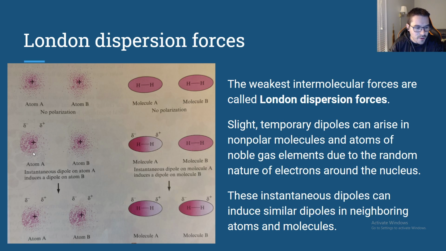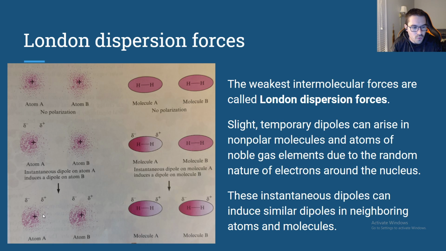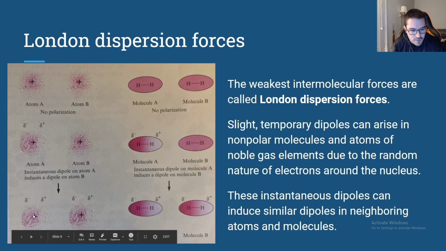What can then happen, and what does happen, is the instantaneous dipole can induce a similar dipole in neighboring atoms, okay? Since this is a partially negative region and a partially positive region, this partially positive region attracts the electrons in neighboring atoms, and so you end up with a similar type of instantaneous dipole in neighboring atoms.